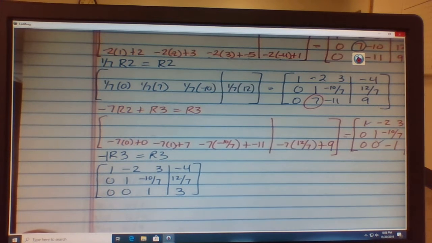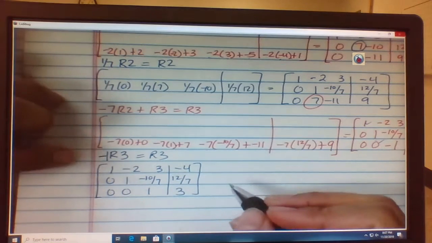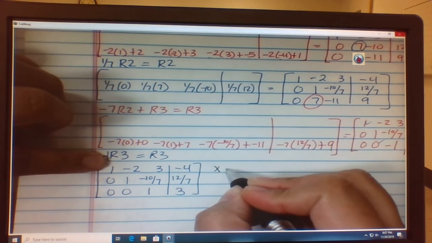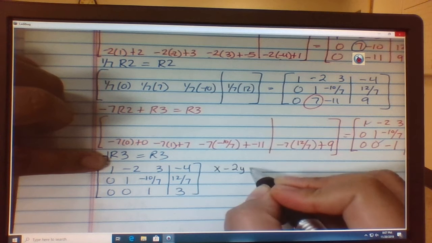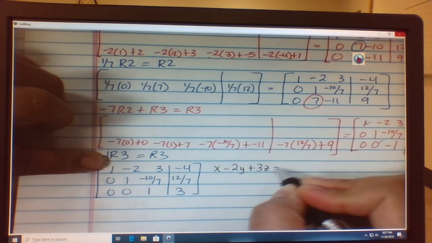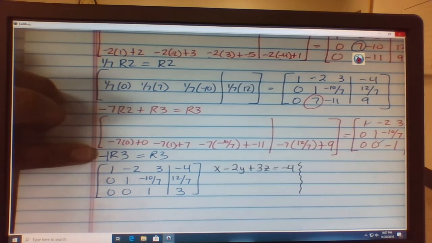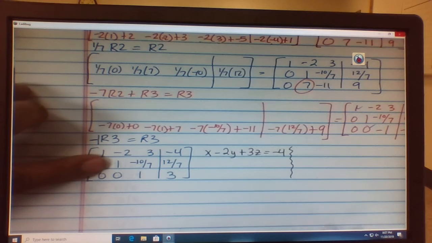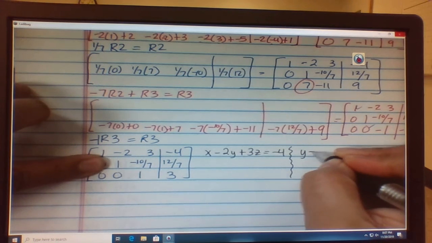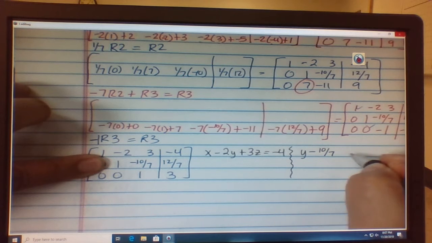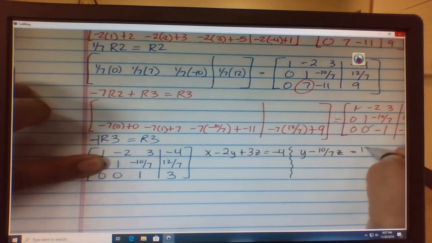So please, when you are done to this point, write out your 3 equations. What does that mean? My first equation is x minus 2y plus 3z equals negative 4. That's my first equation coming from the top line. My second equation is y minus 10/7 z equals 12 over 7.